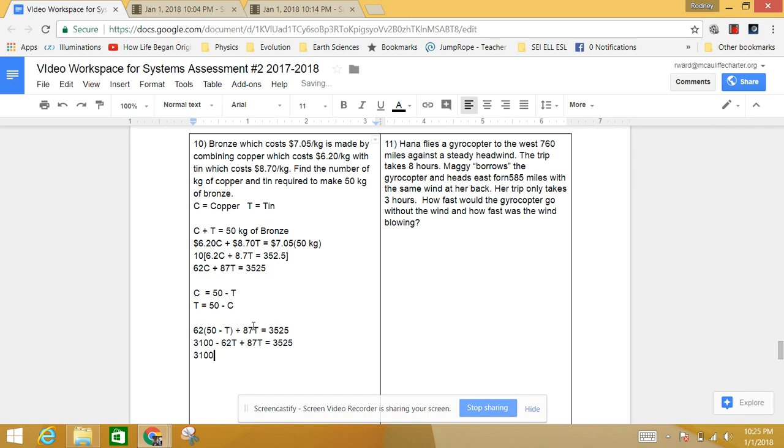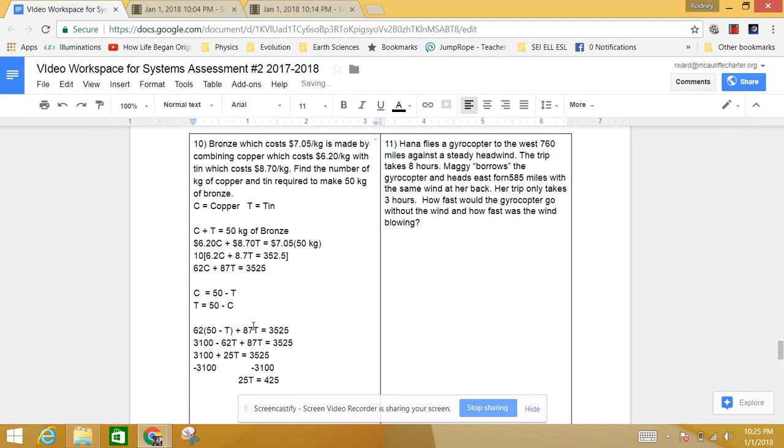So now I'm going to combine like terms. I've got 3,100 and negative 62t and positive 87t is going to be 25t, which is looking like a nicer number to work with. And that still equals 3,525. I'm going to subtract 3,100 from both sides. And I've got 25t equals 425.